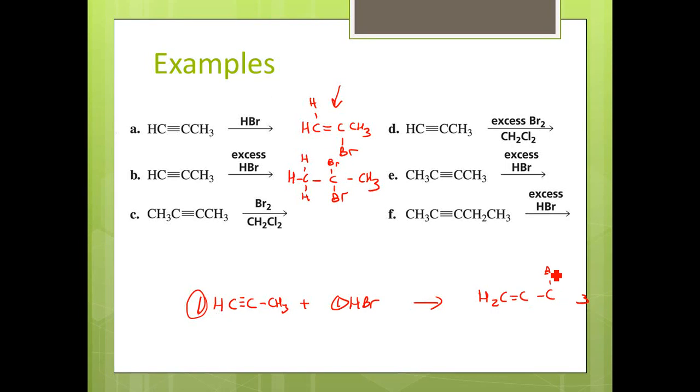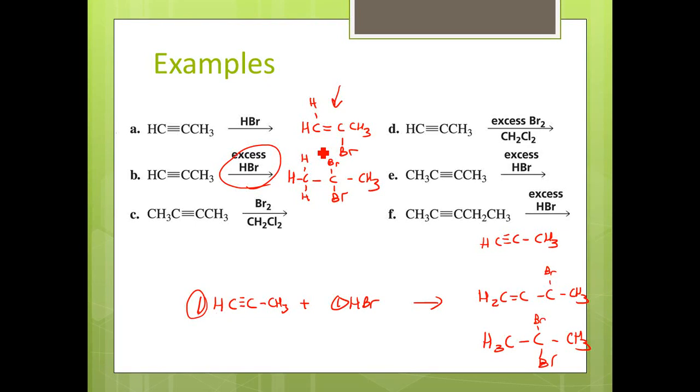Yes, there will be some of the alkene, but some of that alkene is going to react in that vessel, and we will get some of the di-substituted equivalent. But since we have a 1-to-1 ratio, we won't be able to make all of this, so we're still going to have some of the unreacted species. So whenever we try to do a 1-to-1 equivalence on this one, we're going to end up with mixtures.